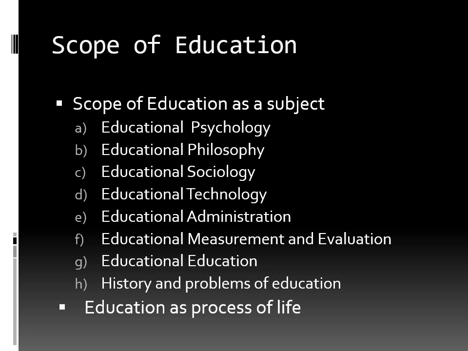Students are also advised to go through the meaning and characteristics of education, and if you are interested to have a detailed knowledge of how education is related to your life, you are advised to go through the book Society and Education by John Dewey.